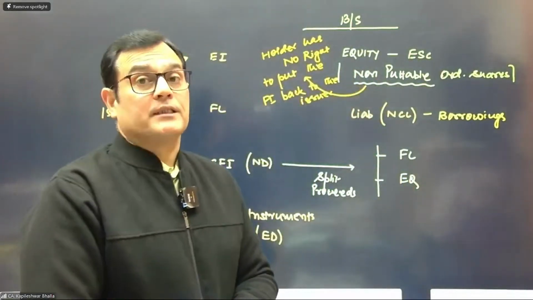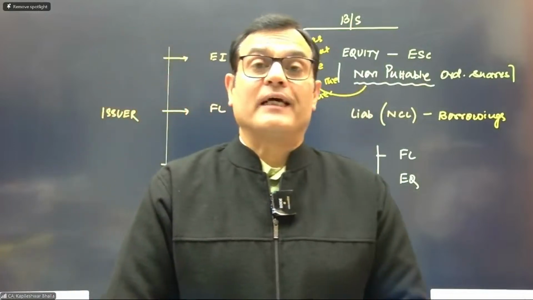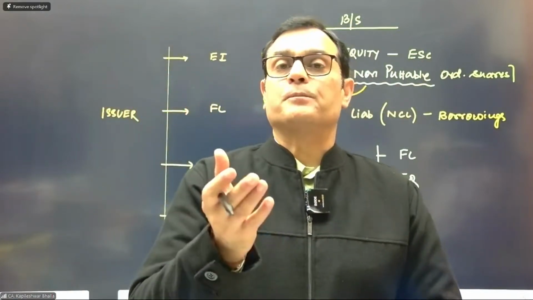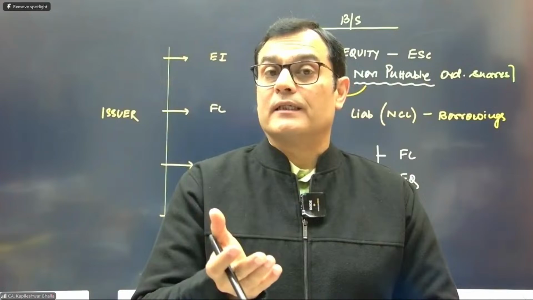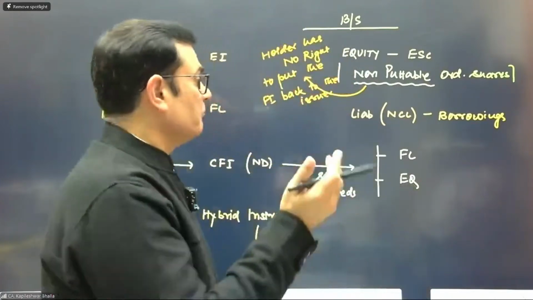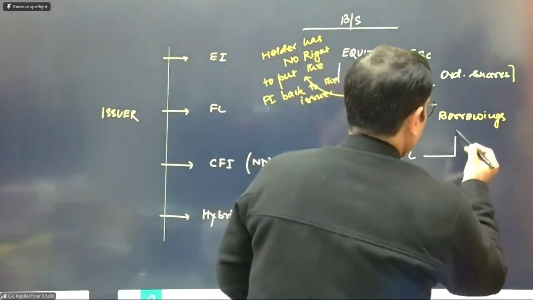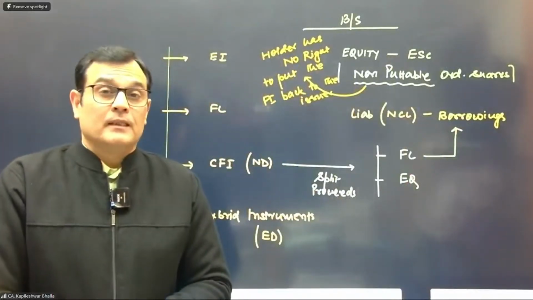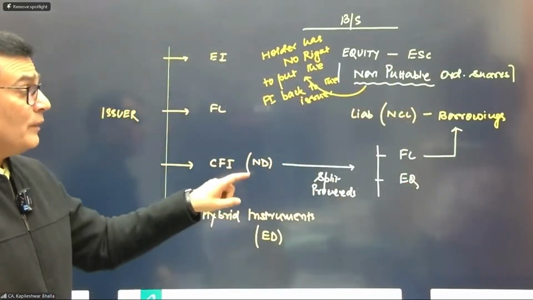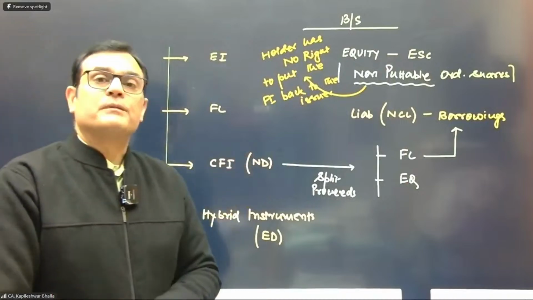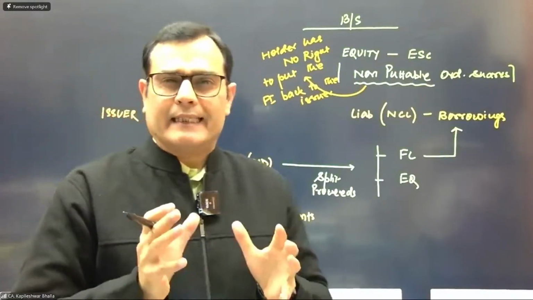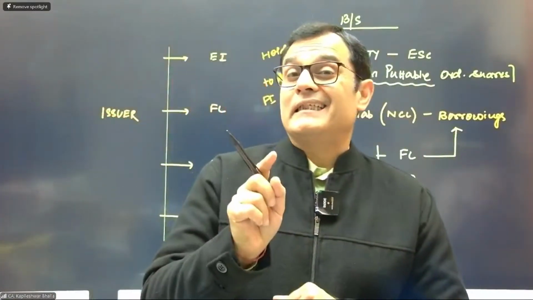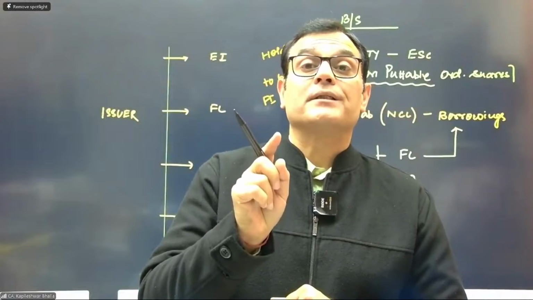I made a mention earlier as well that the financial liability component is presented as a non-current liability, which is again borrowings. So the presentation of this component is the same as a financial liability. But when it comes to the equity component of a CFI, that is to be presented in the equity section as other equity.